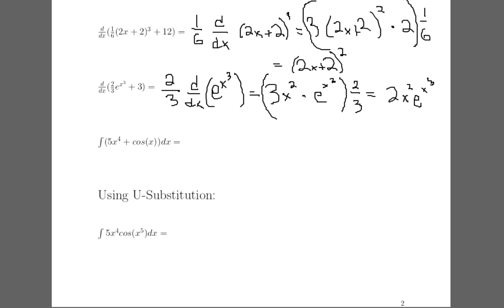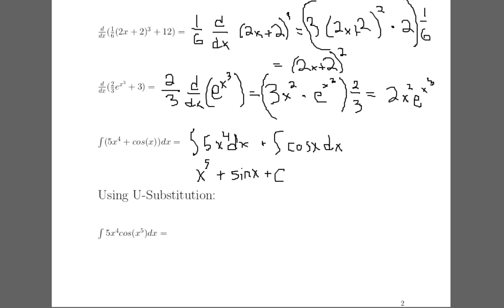So we can really just write this as the integral of 5x to the fourth dx plus the integral of cosine of x dx, and do two separate integrals, which would just give us x to the fifth plus sine x plus our constant c, which we have to remember because it's an indefinite integral.